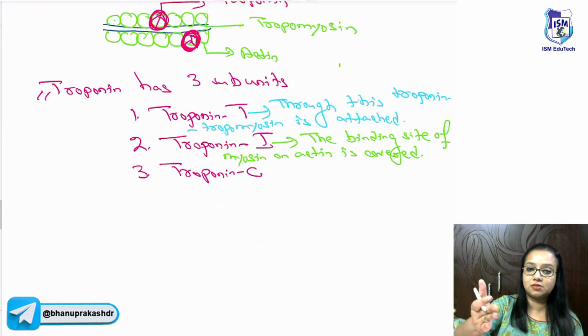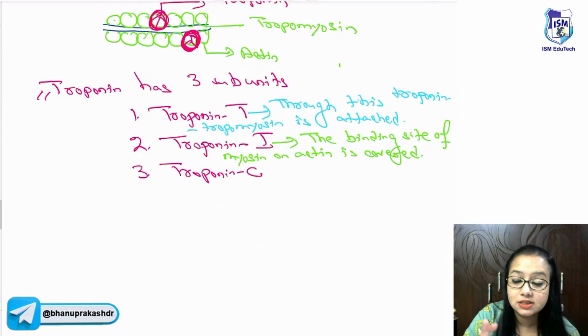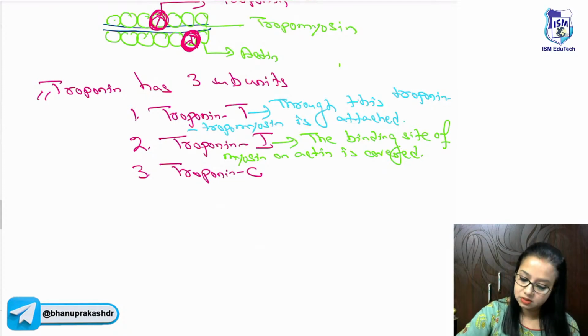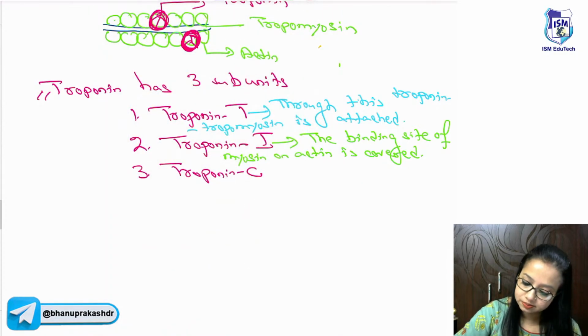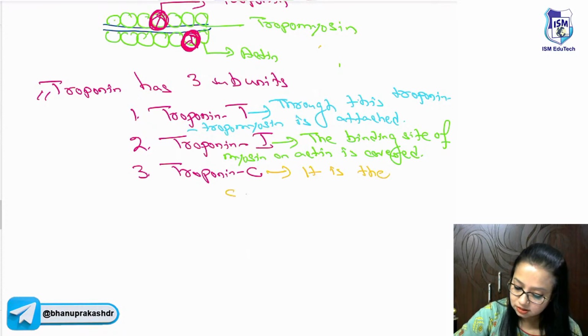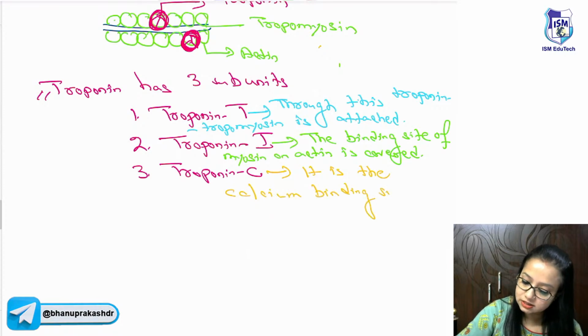It covers, it flaps over the site on which the myosin head will bind. Okay. Whereas troponin C, it is the calcium binding site.